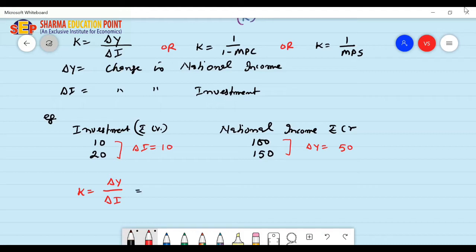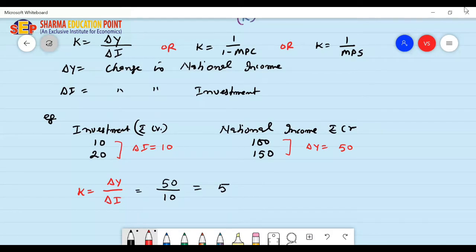So put the values: delta I is 10 and delta Y is 50. So your investment multiplier is 5. That means national income will change 5 times the change in investment. This explains how much pace your income will rise if you change your investment. This is the investment multiplier.